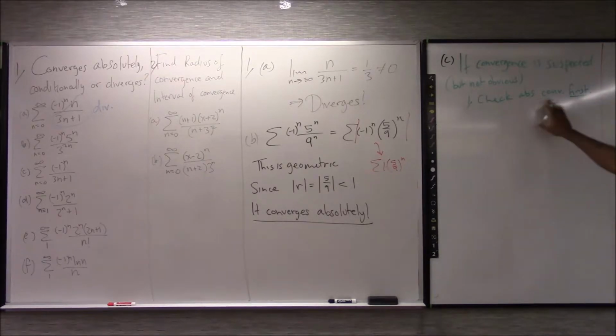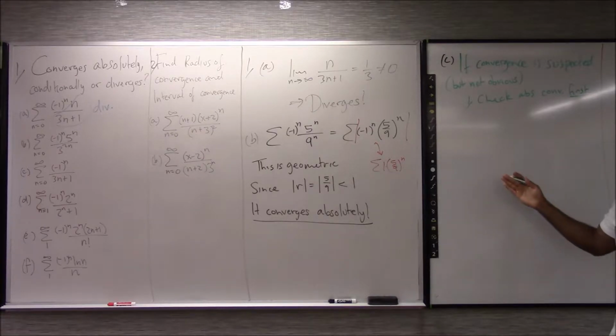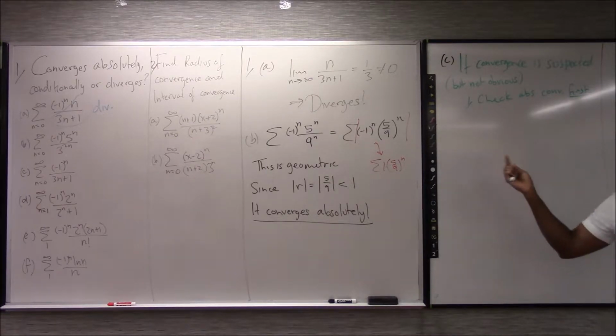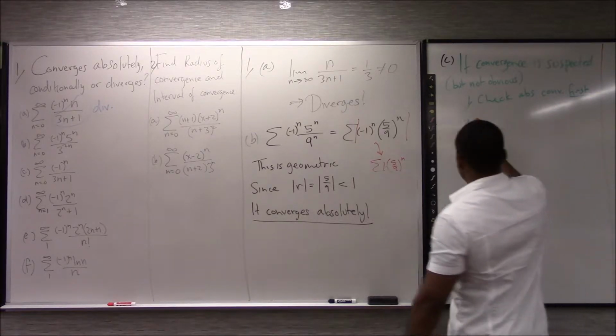Because if it converges absolutely, you don't have to check conditionally. But if you know it converges conditionally, you might still have to check that it's absolute.